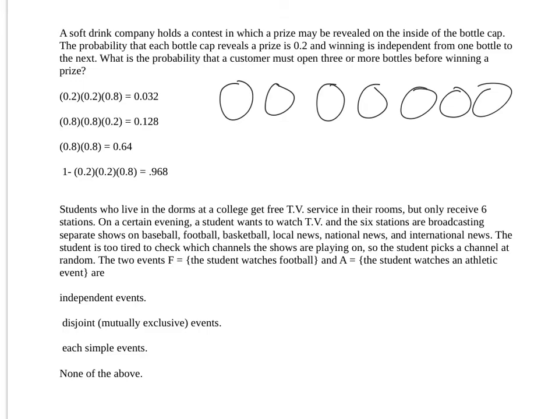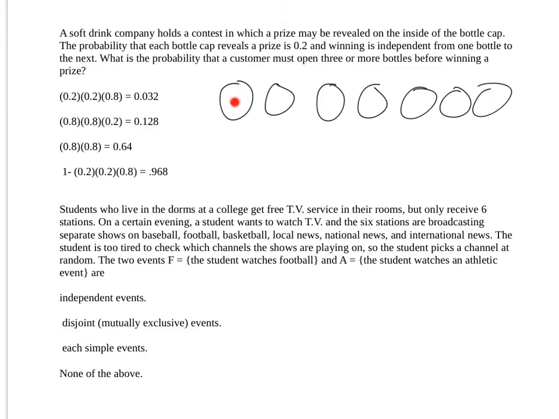Now the only instance in which they have to open 3 or more bottles is that they have to be a prize winner, right? So if they turn over the first one and it has a prize in it, that's not included.